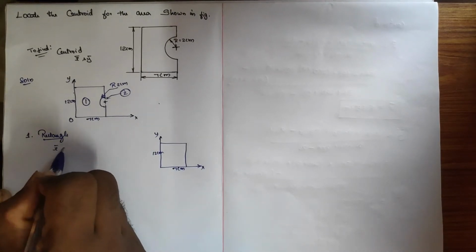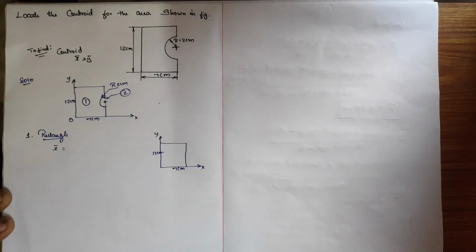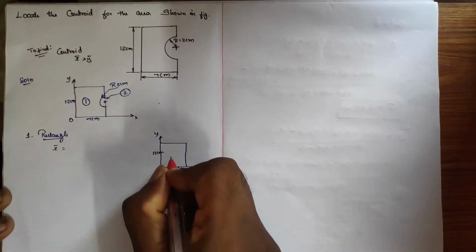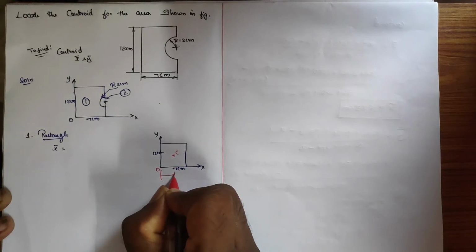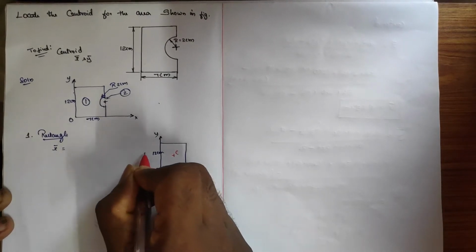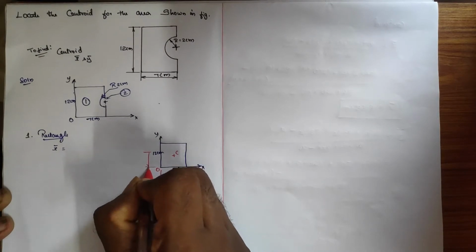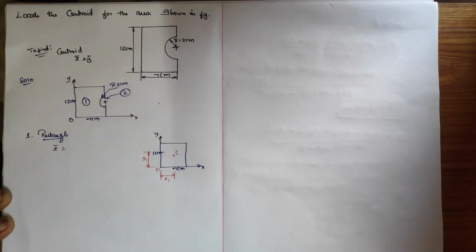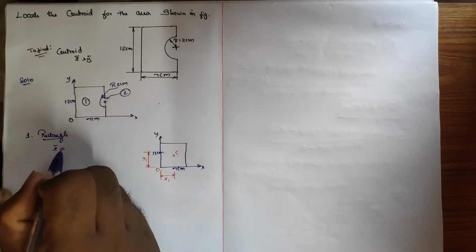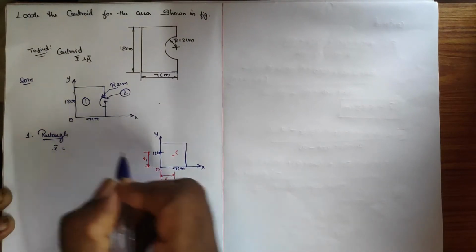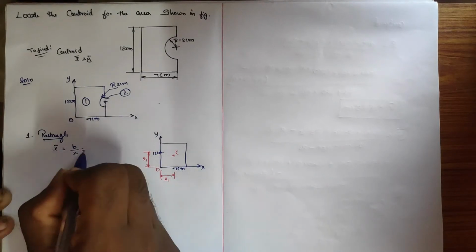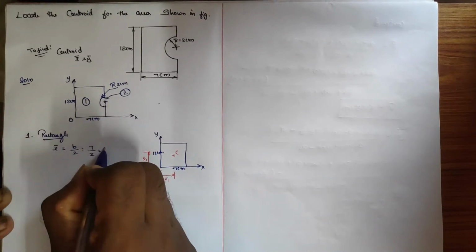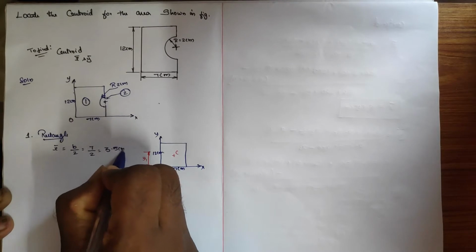What about the x bar? X bar is from the O to this particular centroid, right? This measurement is x1 and this measurement is y1. The self-centroid of a rectangle is b divided by 2, so here it is 7 divided by 2, we get 3.5 centimeter.